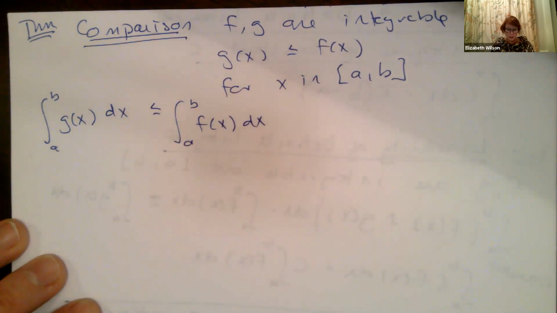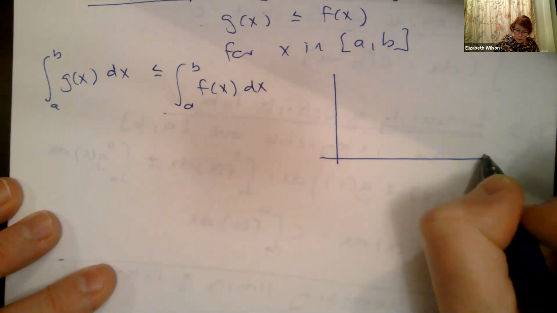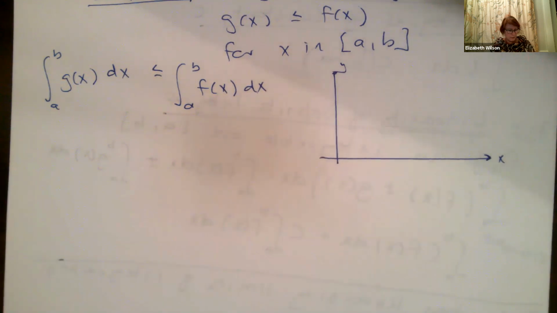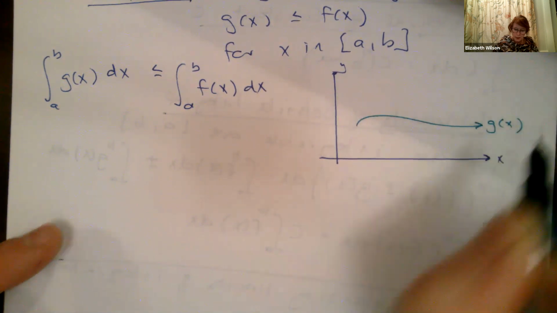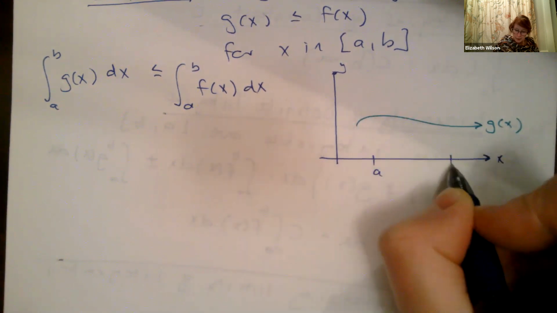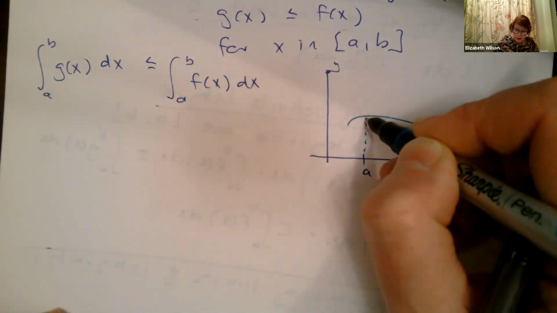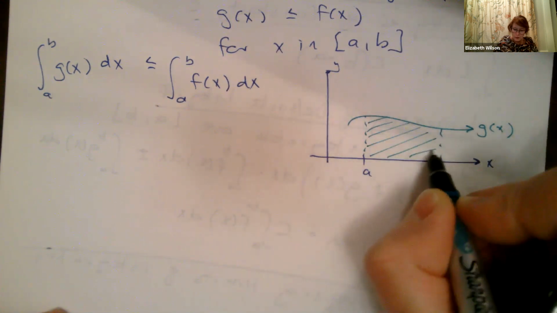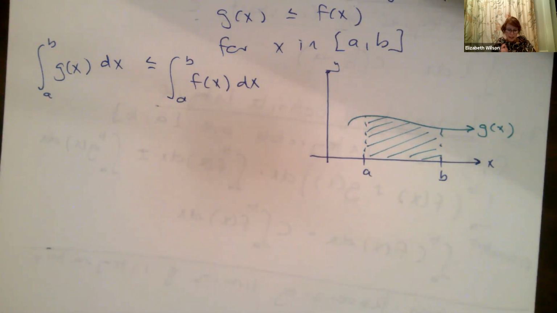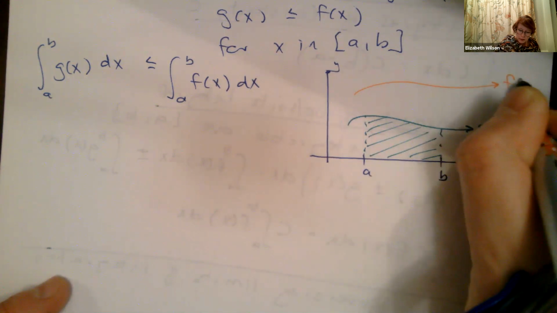Let's think about that graphically. Remember, this represents an area. So here's our x-axis, and here's my g of x function, and I'm going to go from a to b. When we integrate g of x, I'm talking about an area here. Now, f of x is greater than g of x.